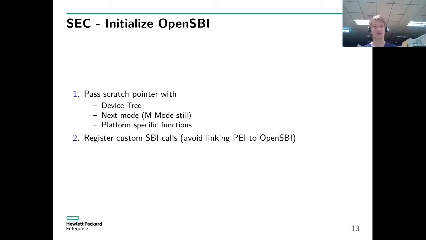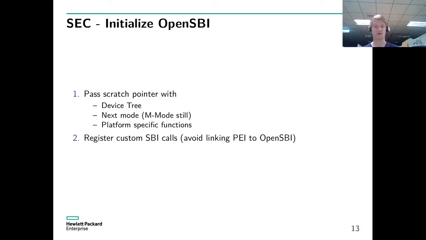When we initialize OpenSBI, like I mentioned, we pass it the pointer to the scratch space, which includes the device tree that the operating system is going to use later. We need to tell it what privilege mode we're going to initialize it with. And we give it a pointer to some platform-specific functions, for how to initialize the platform, how to use the console, and so on.